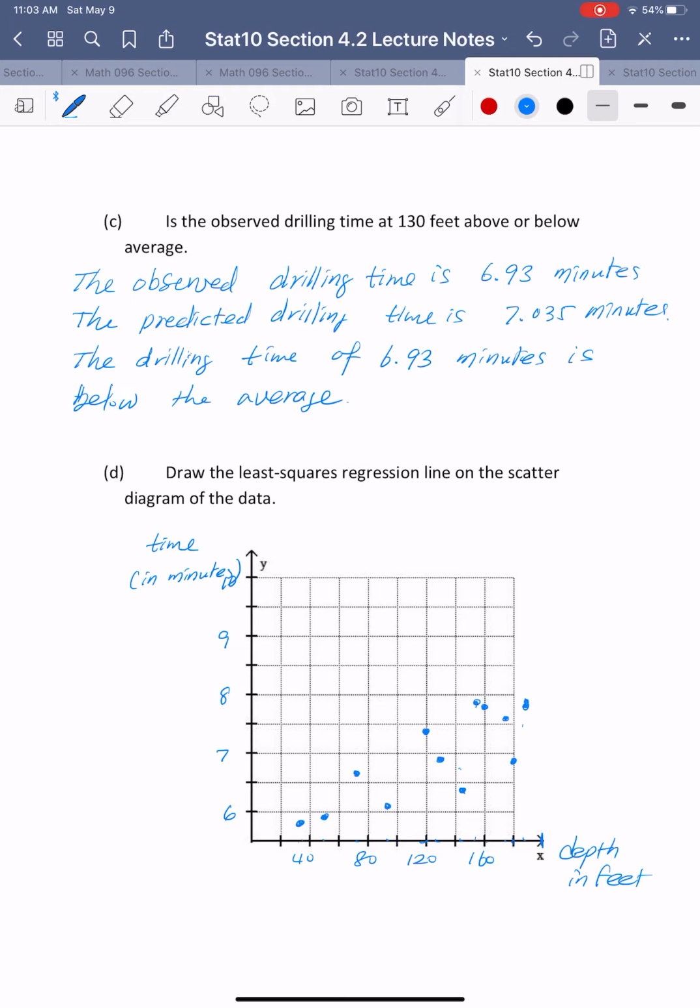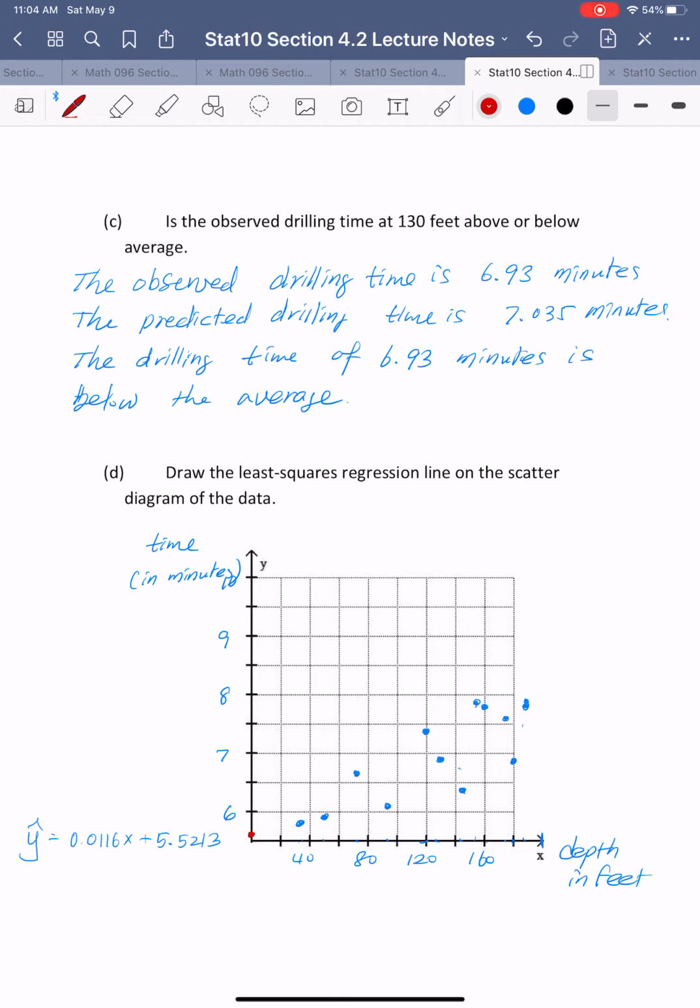And then if I actually grab the y hat we have, y hat was 0.0116x plus 5.5213. And then the y-intercept is about 5.5, so it's about here.